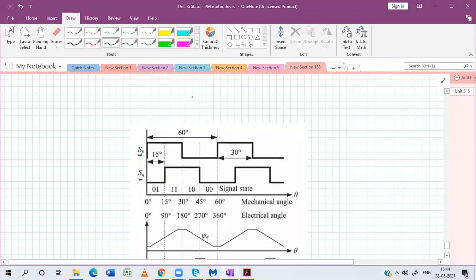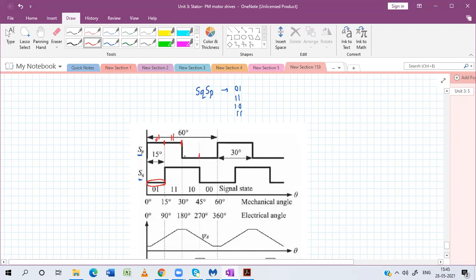In our case, what we have written is Q is P, so there is a possibility of 0 1, 1 1, 1 0, and 1 1. See this particular portion, 0 1: there is a minimum input to SQ and SP is high. And after 15 degrees, both are 1, 1.